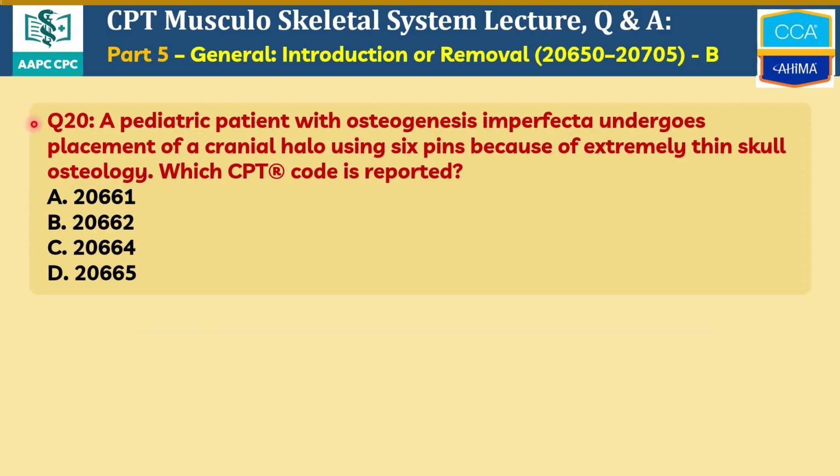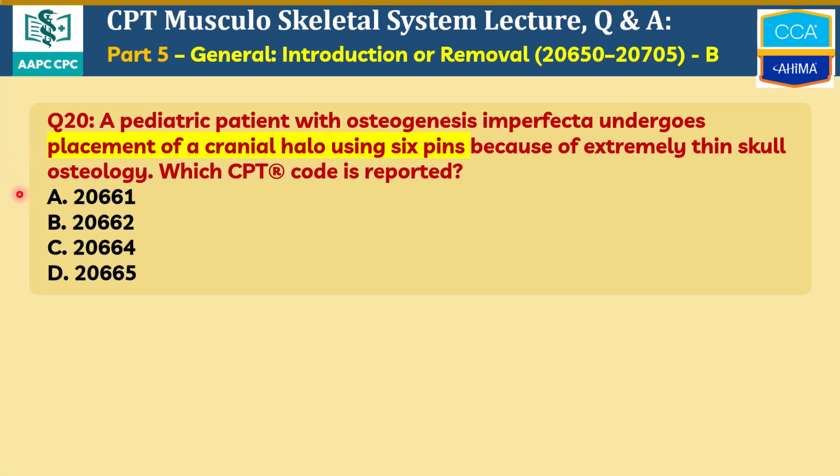Question number 20. A pediatric patient with osteogenesis imperfecta undergoes placement of a cranial halo using 6 pins because of extremely thin skull osteology. Which CPT code is reported? So find the answer. Here you have to highlight the procedure done is placement of cranial halo using 6 pins.